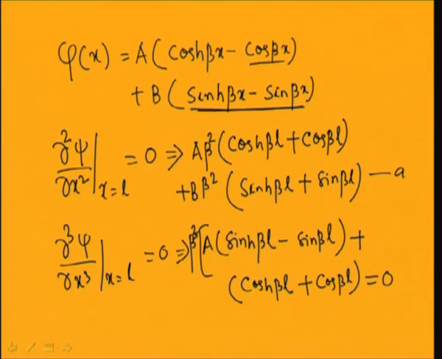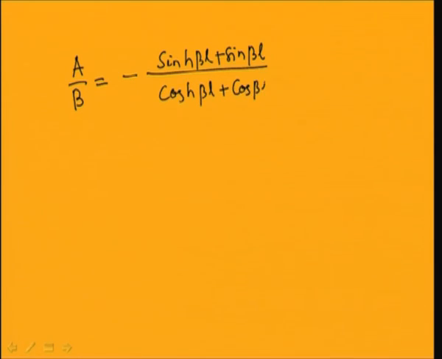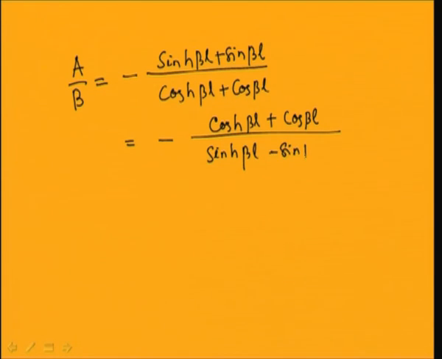So from this expression, let this expression be A and this be B. From A and B, I can write A by B equal to minus, so minus sin hyperbolic beta L plus sin beta L by cos hyperbolic beta L plus cos beta L, and from the other equation I can write this equal to minus cos hyperbolic beta L plus cos beta L by sin hyperbolic beta L minus sin beta L. So I can write these two expressions in this form.